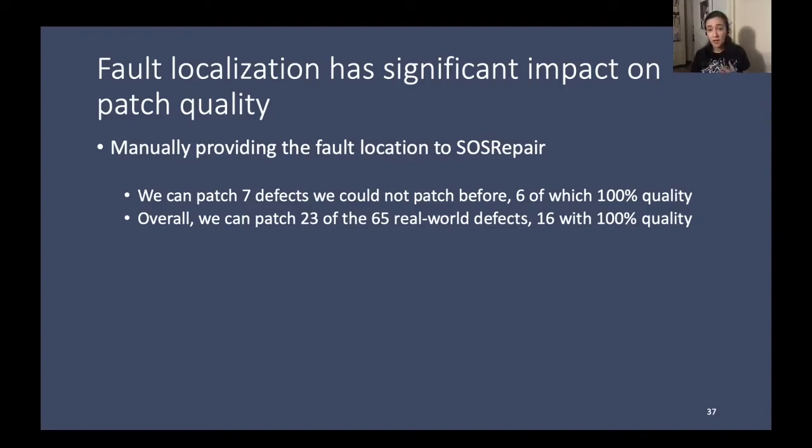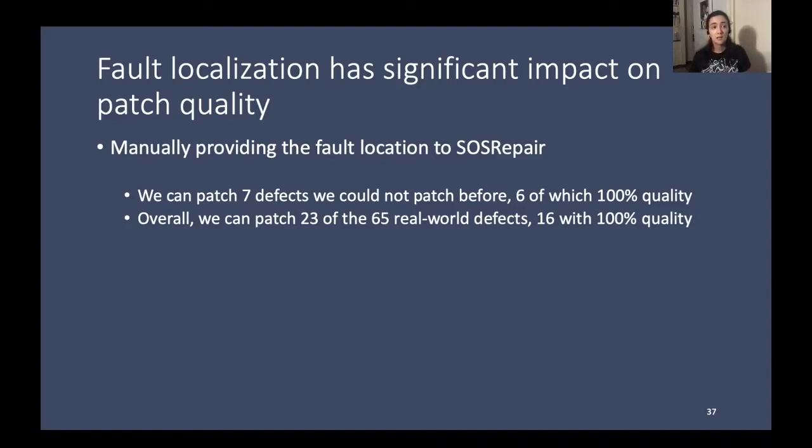And 6 of these patches that it finds actually have very, very high quality, so they pass all the secondary test cases. And overall, we found that if we manually provide the fault location, SOSRepair would be able to create 23 patches, and 16 of them, so more than half of them, have very high quality and pass all secondary test cases.